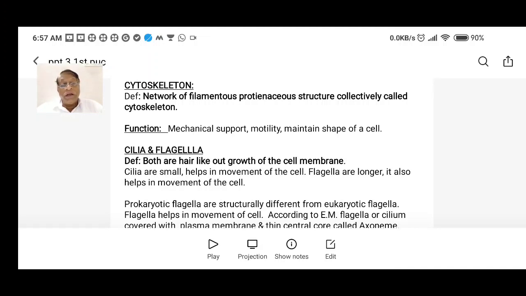Note the point. The prokaryotic bacterial flagella are structurally different from the eukaryotic flagella. Okay. The flagella help in movement of the cell.